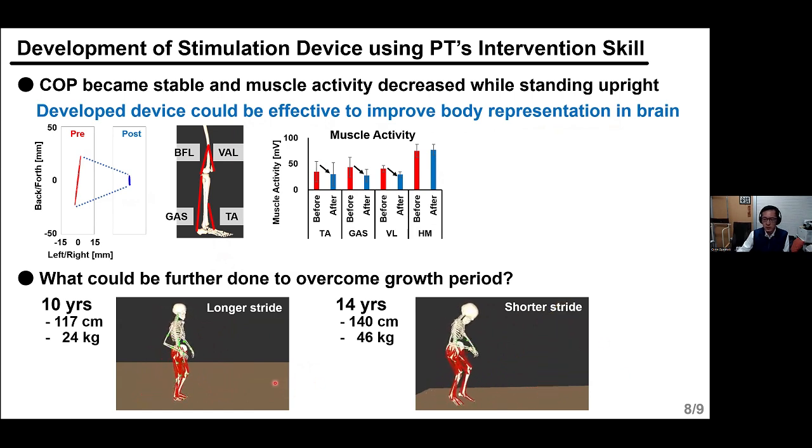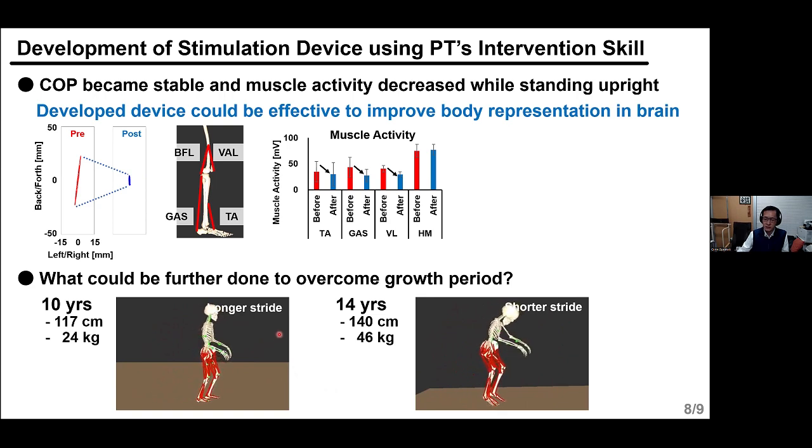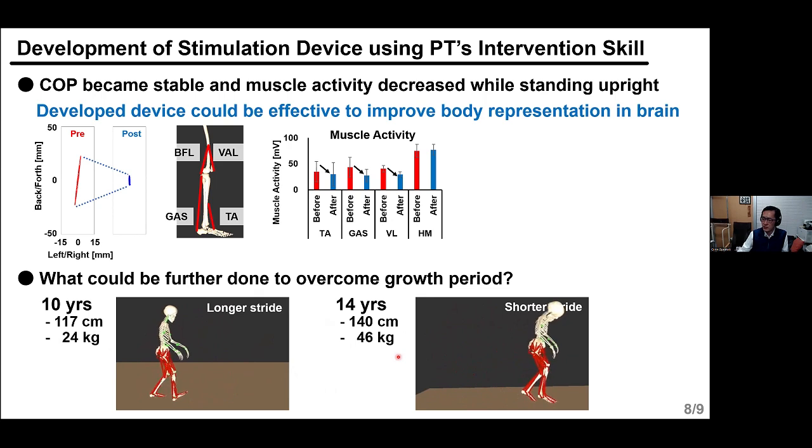The child keeps receiving the rehabilitation, but his body representation cannot catch up with the sudden growth of the body size. The body weight became about twice for these 4 years. So our next challenge is to develop the methodology to overcome this gap.